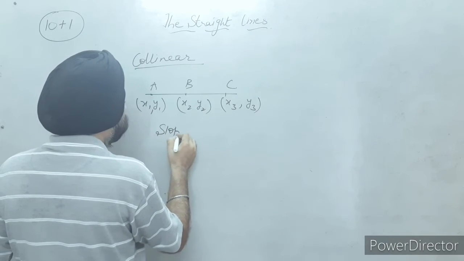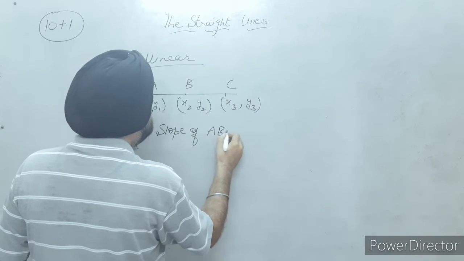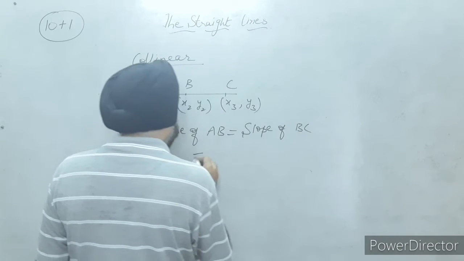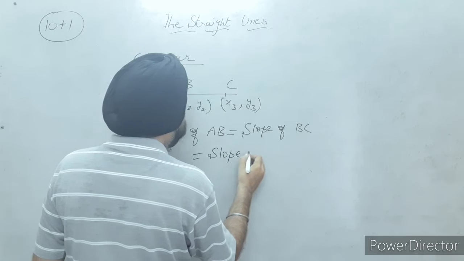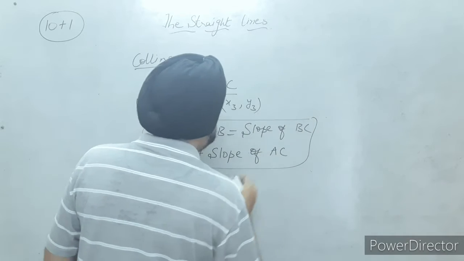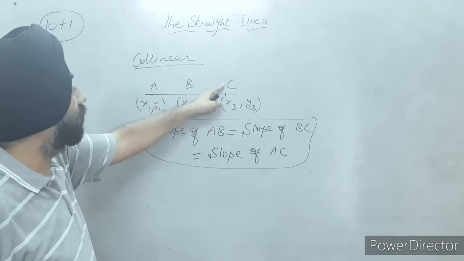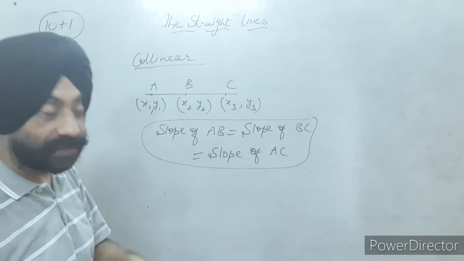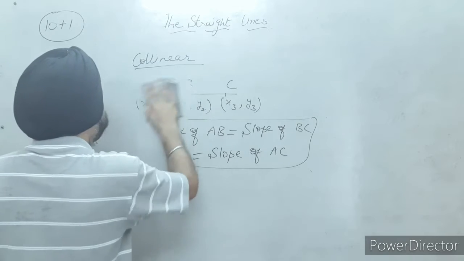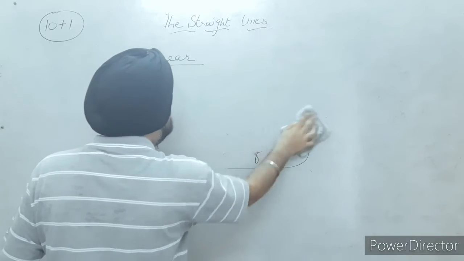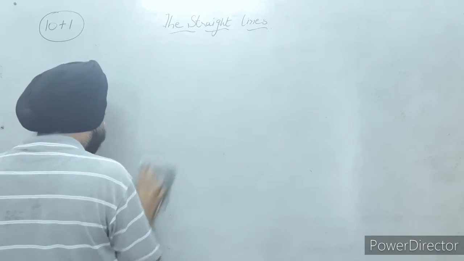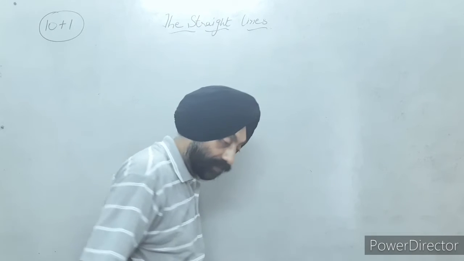Slope of AB must be equal to slope of BC, or slope of AC also. All should be equal to each other. Then we will say the points A, B and C are collinear, right? This is the condition where we can apply the concept of slope when we have to prove that the 3 points are collinear, that is they lie on a single straight line.